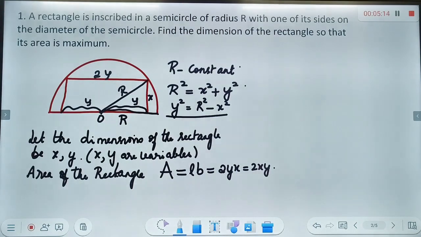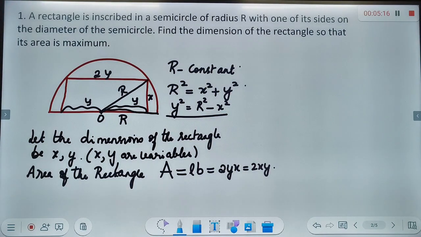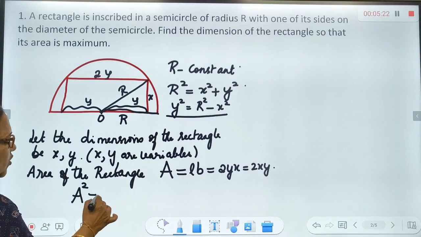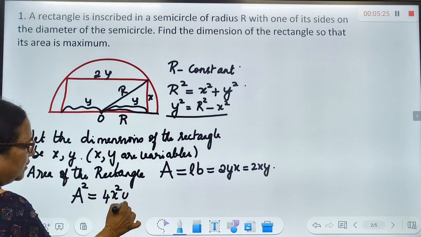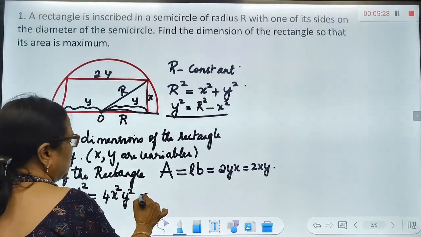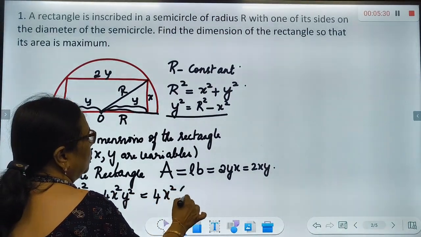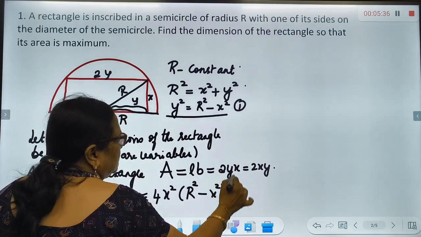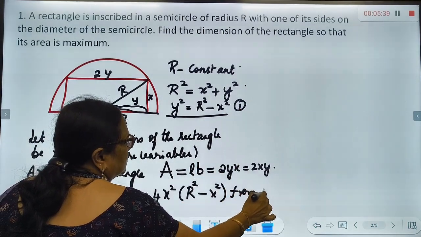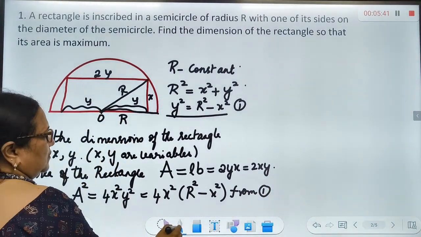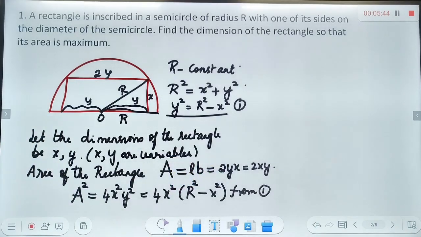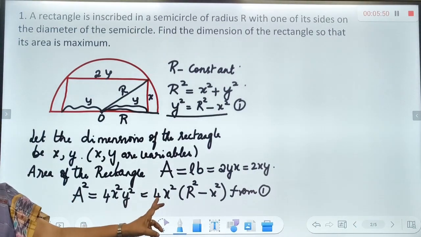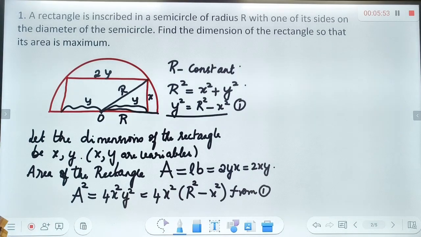So the area function, as you can see, is 2xy. Now, if A is maximum, A square is maximum. So, A square will be 4x square y square, which is 4x square into capital R square minus x square from 1. So, I have now expressed the area function in terms of one variable x, because capital R is a constant.